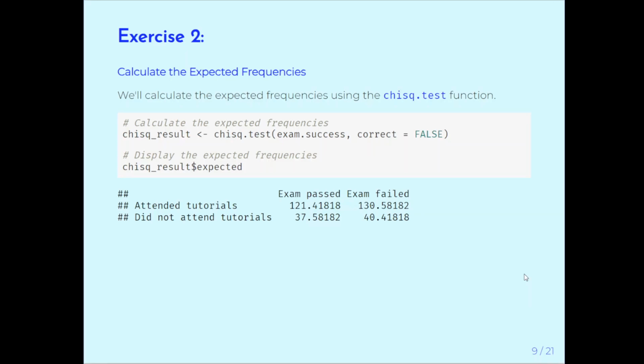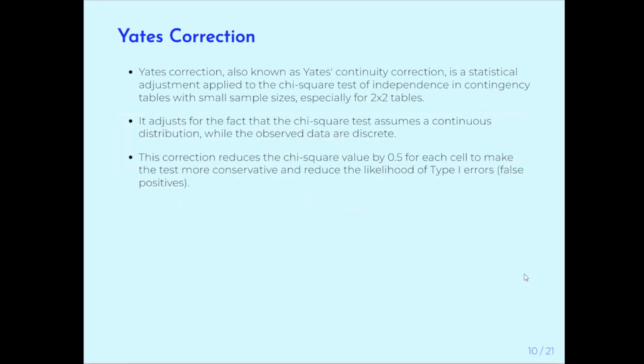And here they are: 121, 130, 37, and 40. I'm dropping the decimal places there, but you can see it at the bottom of the slide. The dollar sign expected allows us to directly access the expected values under the null hypothesis. This is coming from the model object. So that's it, we're good to move on.